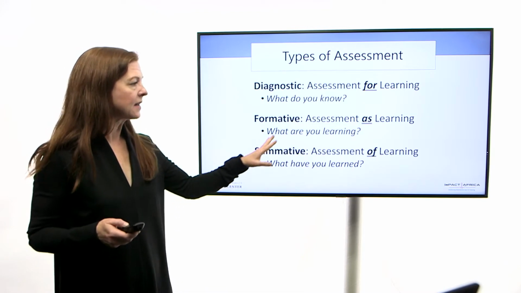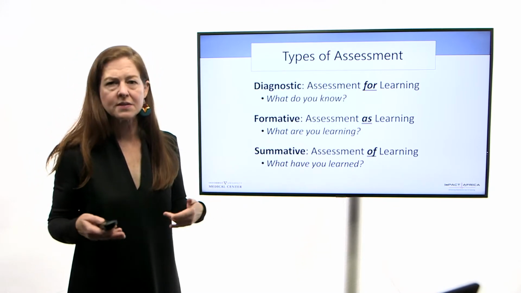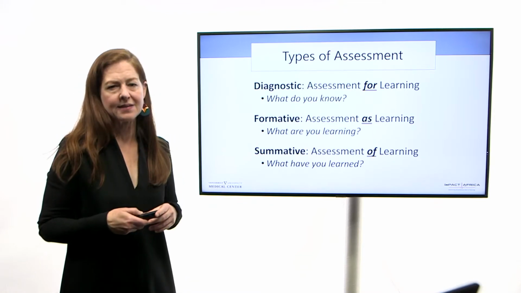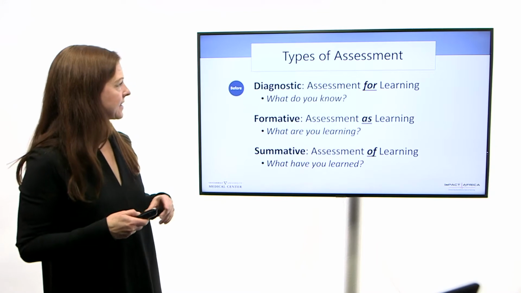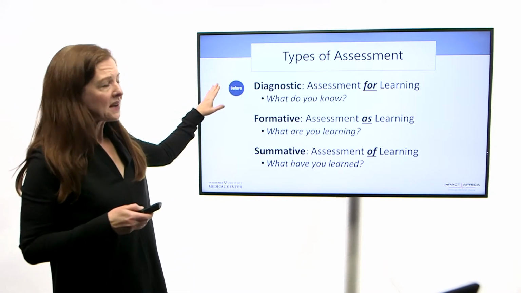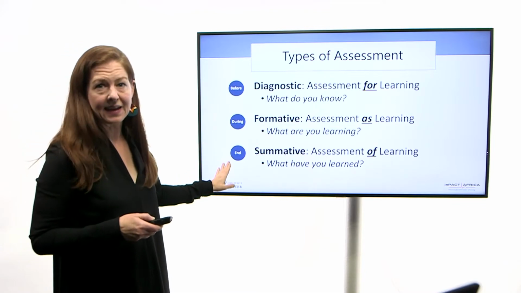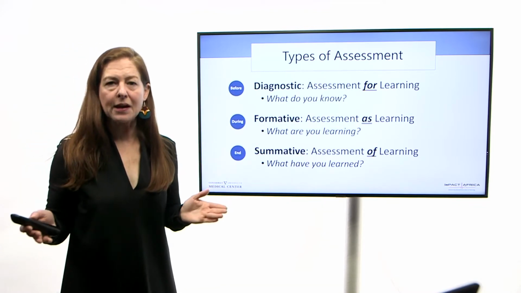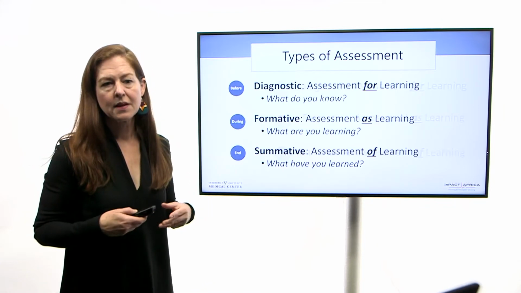Summative assessment is of learning, so what have you learned in a course, in a session, or in a learning activity? So these 3 types of assessment can be understood in the simplest way as before, during, and at the end. So as you're thinking about your course map, imagine where these pieces might fall.